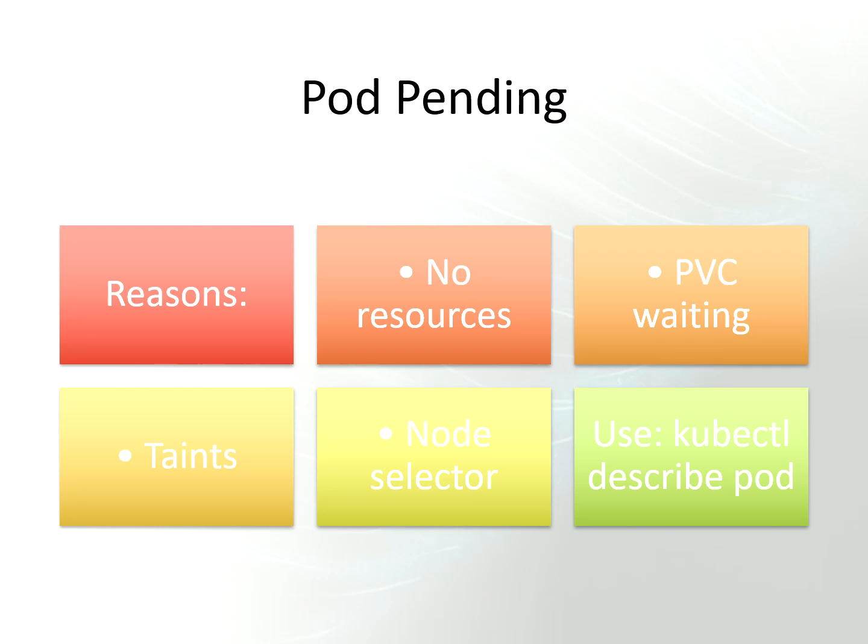The most frequently faced issue is a pod in pending state. Very common problem. We'll understand why it goes into the pending state. The cluster does not have enough CPU or memory, the PV claim is in waiting state, node selectors are not matching, taints are preventing the pods from being scheduled, and there is no suitable worker node available.